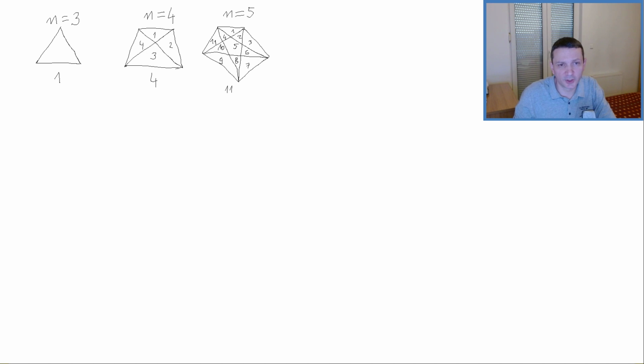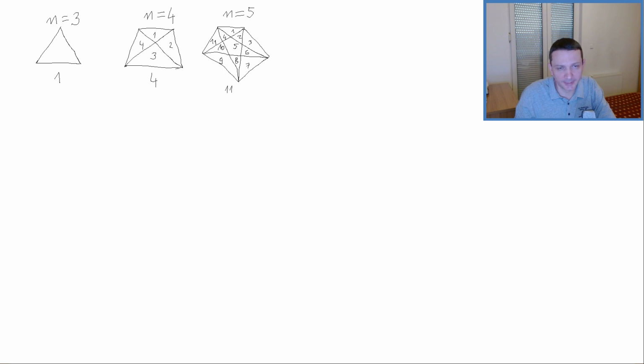Of course, the largest possible number is obtained if no three diagonals intersect in a common point. In these simple examples, we do not have such a case possible at all, but already at n equal to 6, we can have three diagonals intersecting in one common point, for example, for an equilateral hexagon.